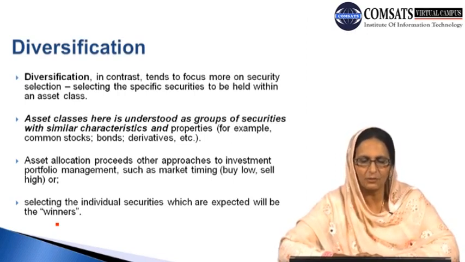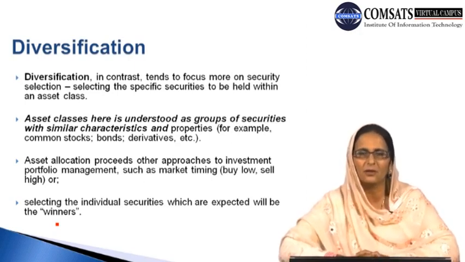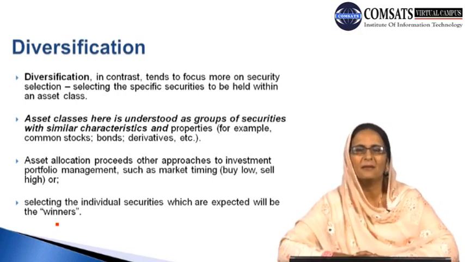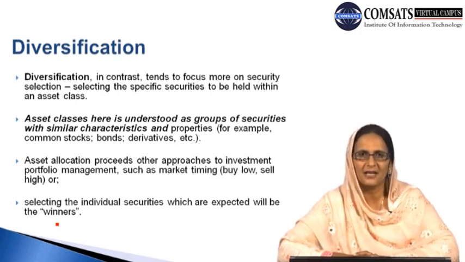Then selecting the individual securities which are expected to be winners, and we can say that there can be two types of securities or assets in which the individual can trade. For example, when he sees that the prices are going low and this is the best time, as far as the timing of the trade is concerned, to purchase the assets.